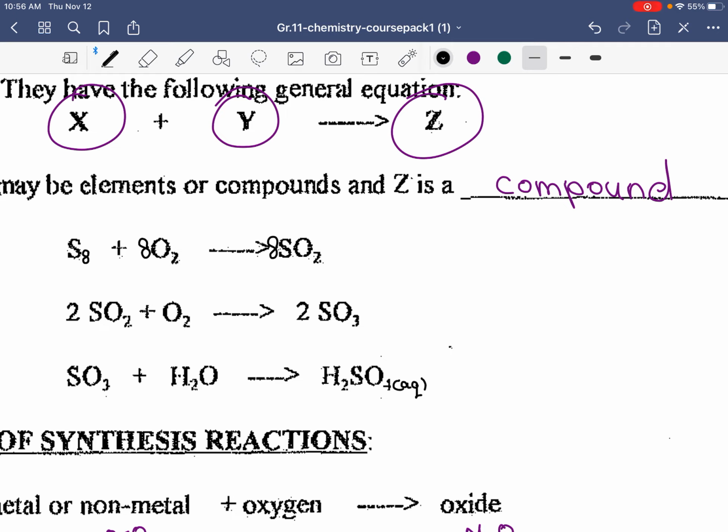But without a good catalytic converter inside a vehicle, you're going to be creating a lot of these guys. Okay? And when these guys decide to react with the water in clouds, that's how you make sulfuric acid coming down as acid rain. Okay, so these are, of course, synthesis reactions dealing with environmental factors.